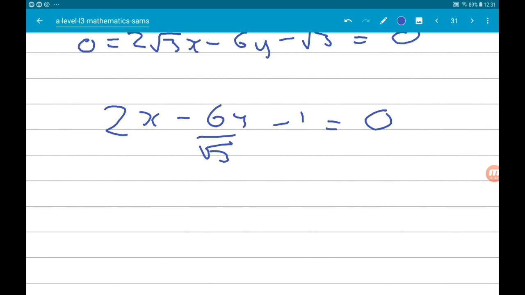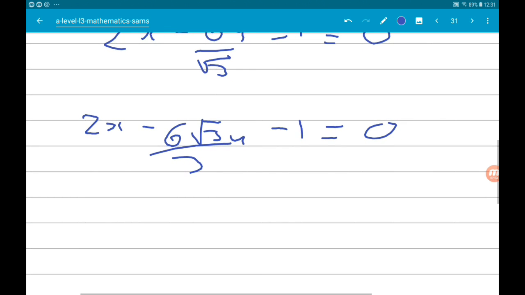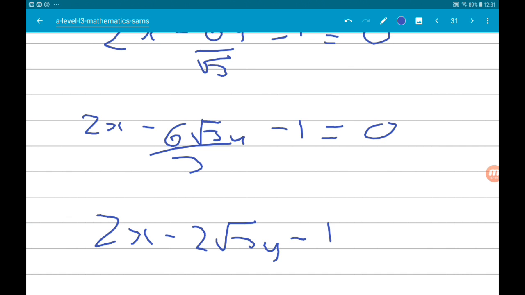Now if we rationalise the 6 over root 3, we get 2x minus 6 root 3 y over 3 minus 1 is equal to 0, and then finally 2x minus 2 root 3y minus 1 is equal to 0. Boom.